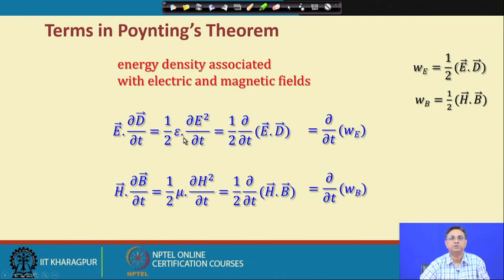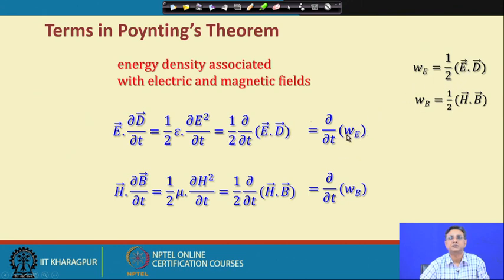So, half epsilon into del E square del T, which can be rewritten in this form: half del del T of E dot D, which is equal to del del T of the energy density W E, the electrical energy density. So, we have used this electrical energy density here in place of this. You can take half inside.